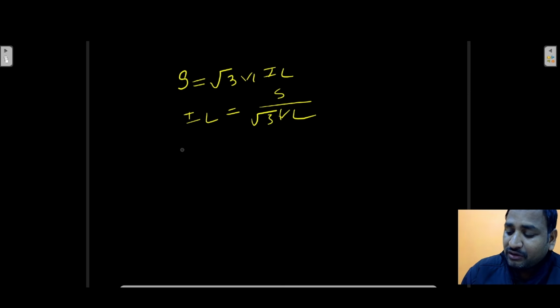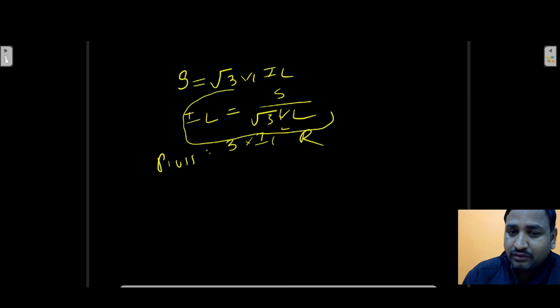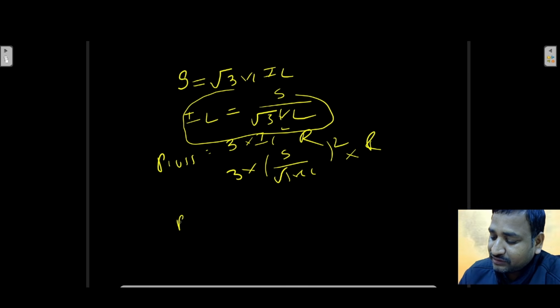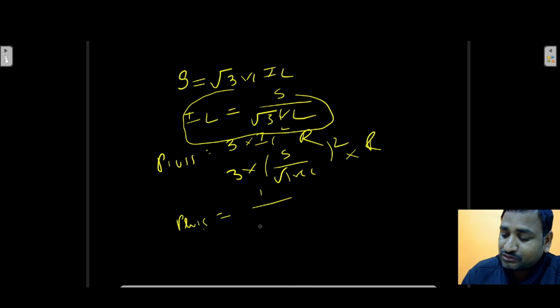Power loss in a transmission line, in 3-phase, is given by P loss equal to 3 into IL square into R. If I substitute this IL value in this equation, 3 into S by root 3 VL whole square into R. It means power loss in a transmission line is inversely proportional to VL square.